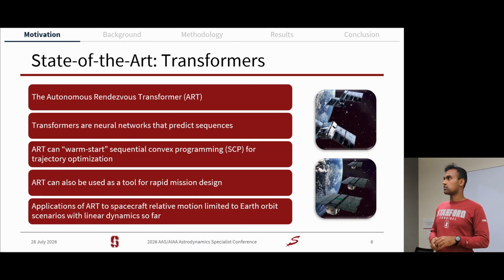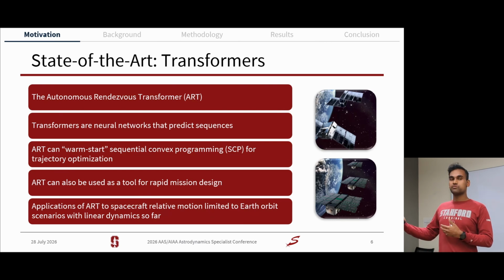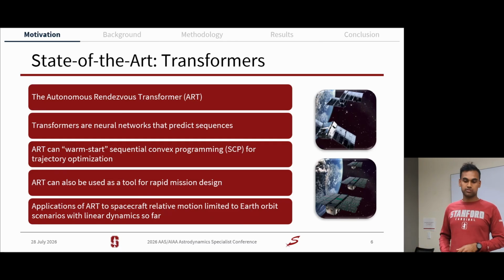And ART can actually serve as a warm start for SCP in order to have SCP converge faster for the purposes of trajectory optimization and solving those non-convex OCPs. ART's also been shown by our lab in previous work to be used as a tool for rapid mission design. However, in all previous work so far, it's been limited to Earth orbit scenarios that only use linear dynamics.